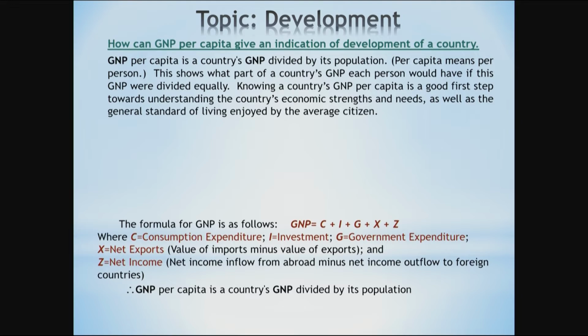Per capita here means per person. This shows what part of a country's GNP each person would have if this GNP was divided equally.